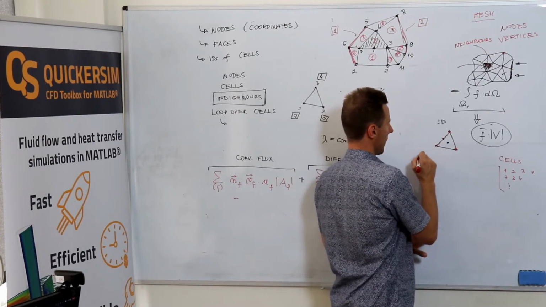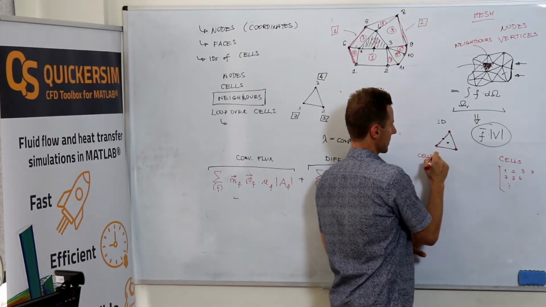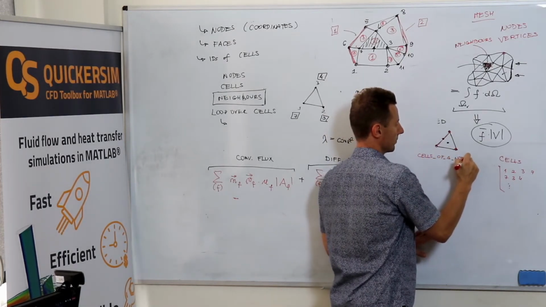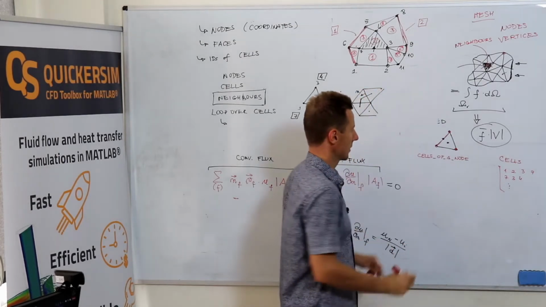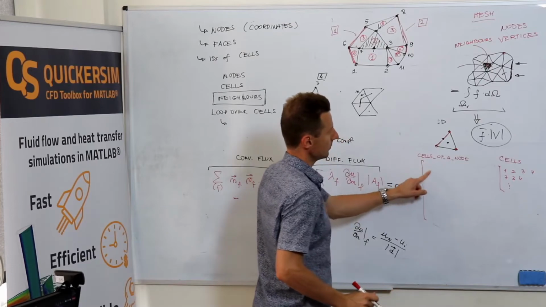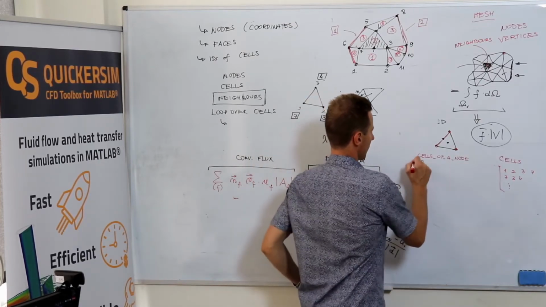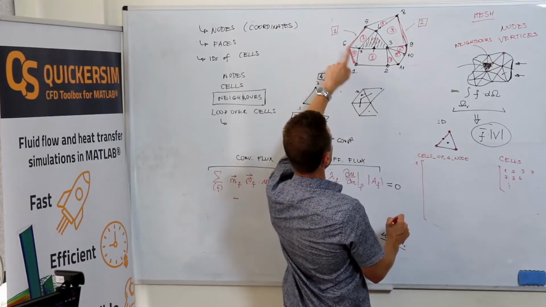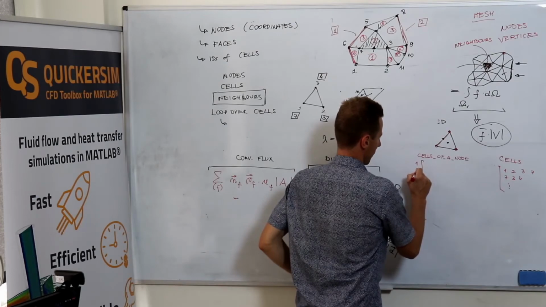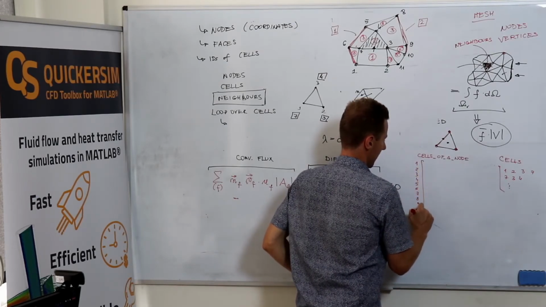Let's call it cells of a node. We know how many nodes we have in our mesh: 11, from 1 to 11.